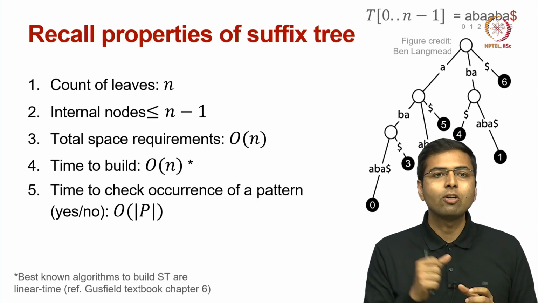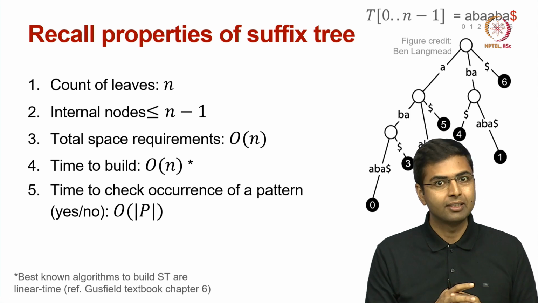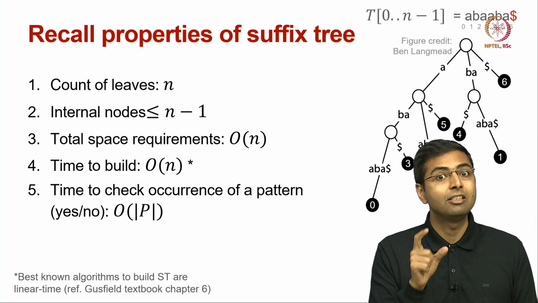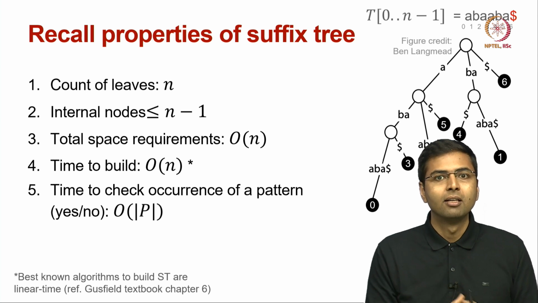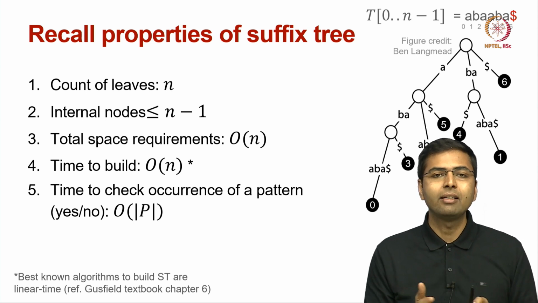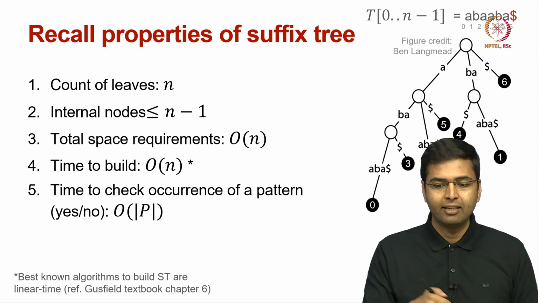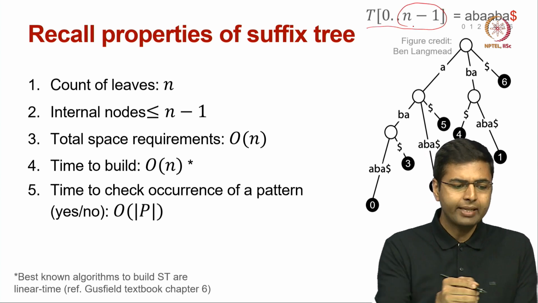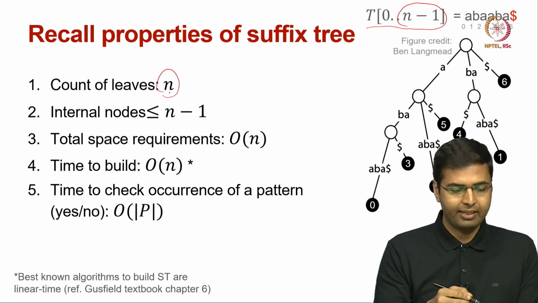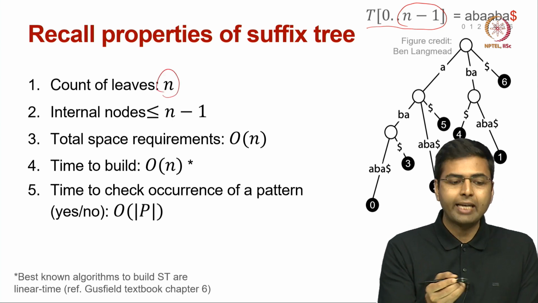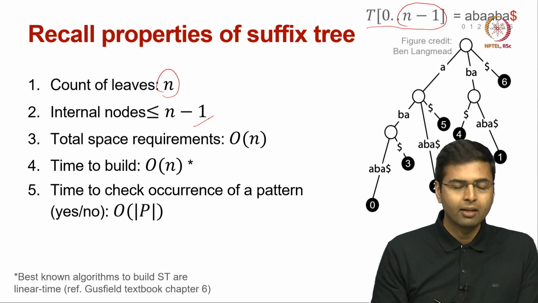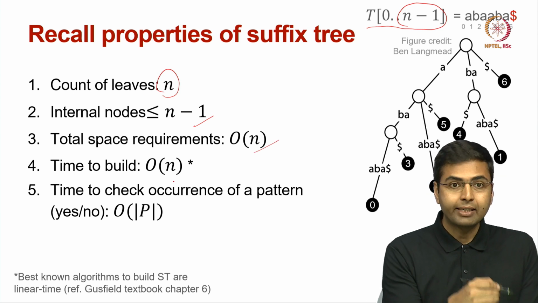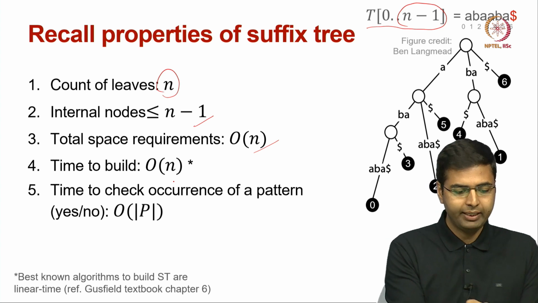So let me first recall what the properties of suffix trees are, right. Remember that when we defined suffix tree, we defined it for a single string t. If the text t has length n, then we already know that the count of leaves in the suffix tree is n, the number of internal nodes cannot exceed n minus 1, the total space requirement is order n, and the time to build using the best available algorithm is linear.